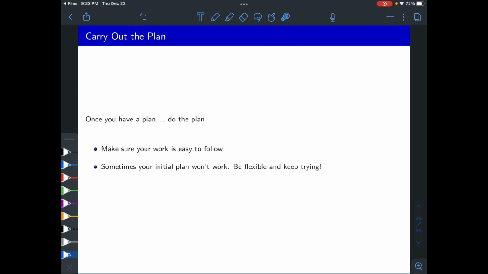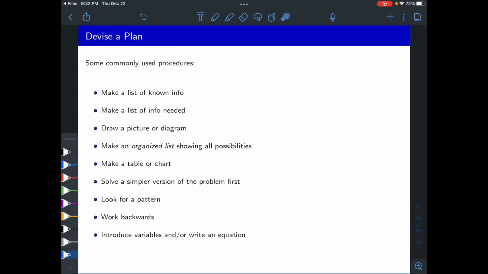Also, sometimes your initial plan is not going to work. Let's go back to that list. That list of devising a plan is massive. There are so many things that you could do. You think that making the table or a chart is going to be the best thing that you could do, and then you do it and it's not useful at all, that's fine.